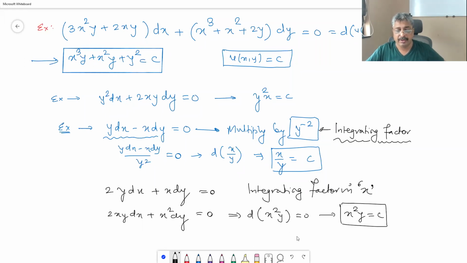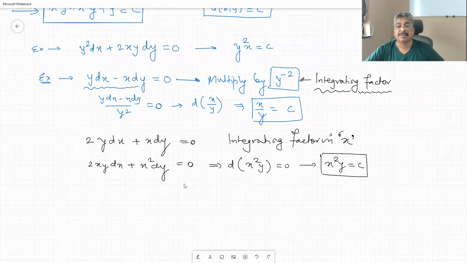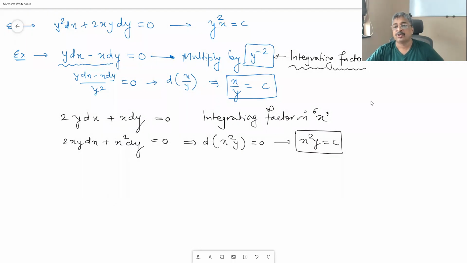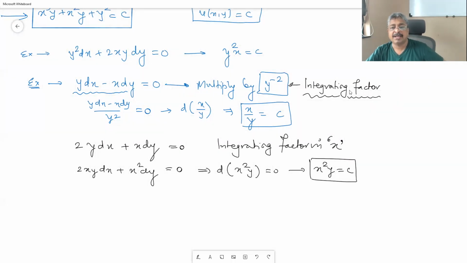Now, this is a good method of solving a difficult differential equation, but what are the dangerous things that we are doing? We must be alert about them, and if at all we are getting some wrong results, eventually we should know why. In the first problem, my integrating factor was y raised to minus 2. So I am additionally introducing a discontinuity in the function. x upon y is equal to c is my final solution, but y equal to 0 is a discontinuity that I am introducing.